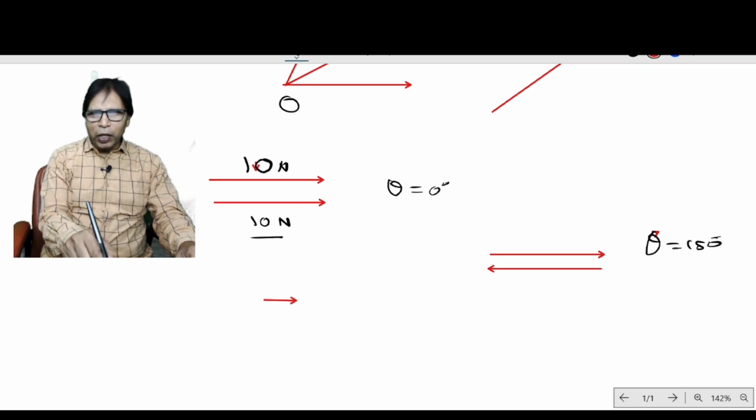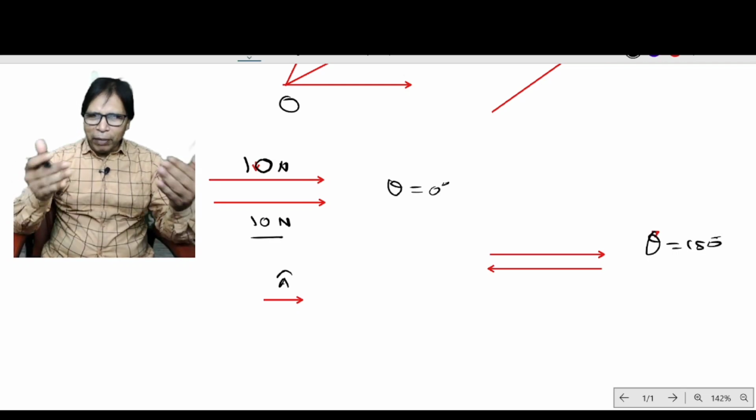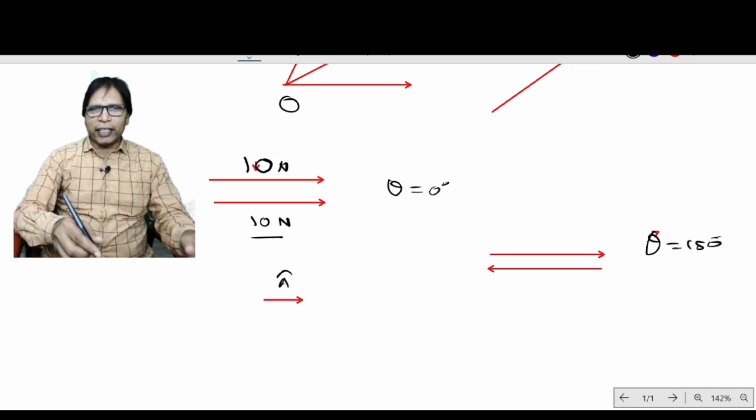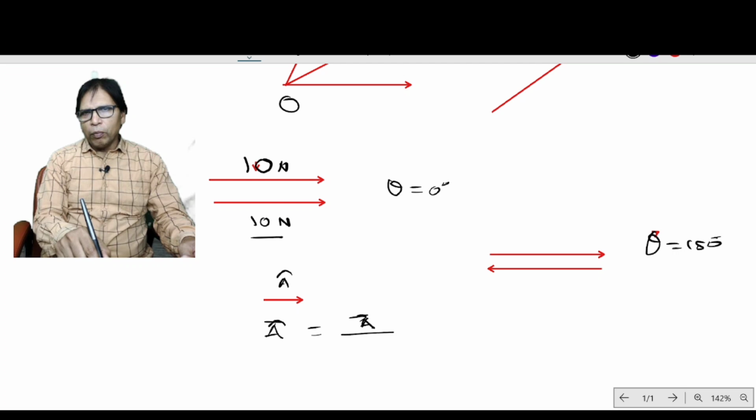Okay. Now unit vector. The vector of unit magnitude is called a unit vector. It is represented by the cap symbol. Or if a vector is divided by its magnitude, then the resulting vector is called a unit vector. Suppose, look at this, a cap is equal to the a vector divided by the modulus or magnitude of the a vector.